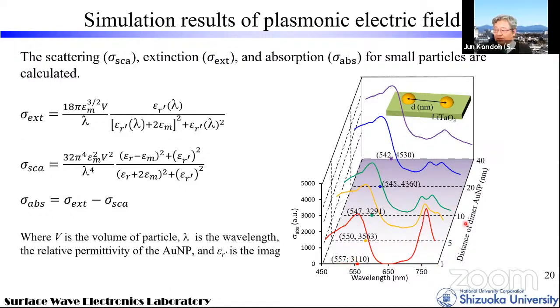As the distance between particles increases, the wavelength decreases. That means the blue shift occurs with increasing distance of the particles. Okay, so please remember the blue shift occurs when the distance between particles increases.